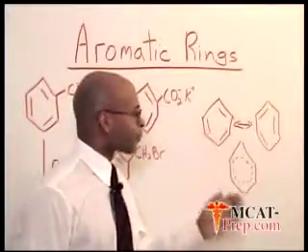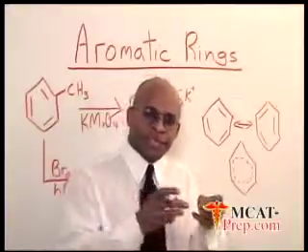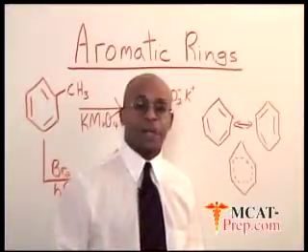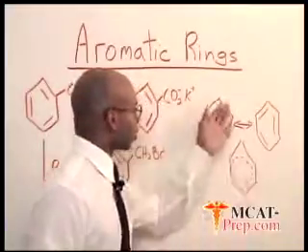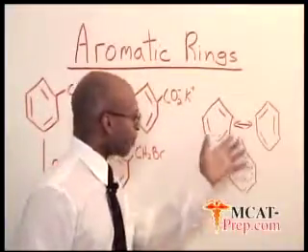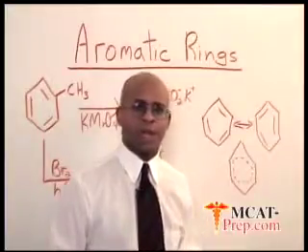So obviously, like the double bond in an alkene, which is the electron-dense center for the alkene, the reactive part of the alkene, if we were to look at the benzene ring, we see that there are electrons. They are delocalized, but there are electrons.